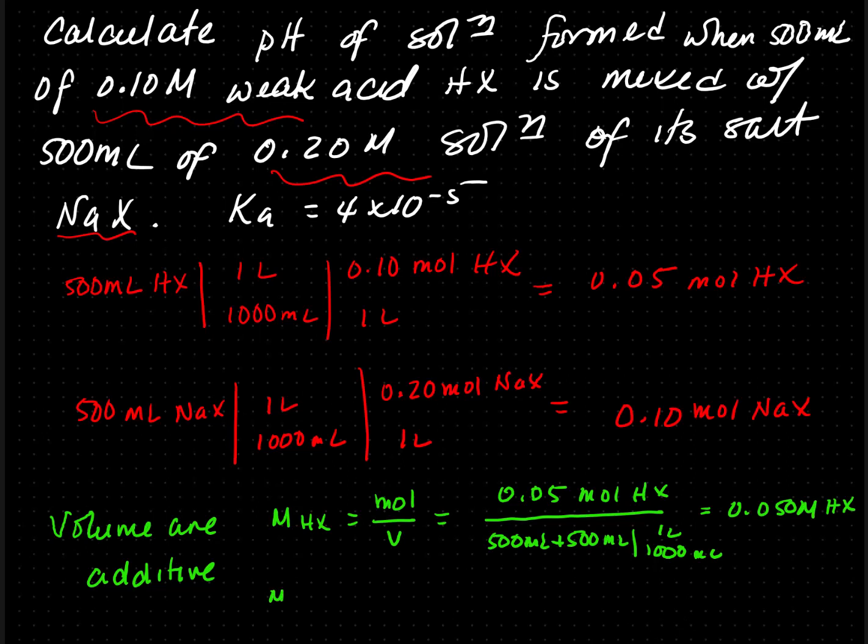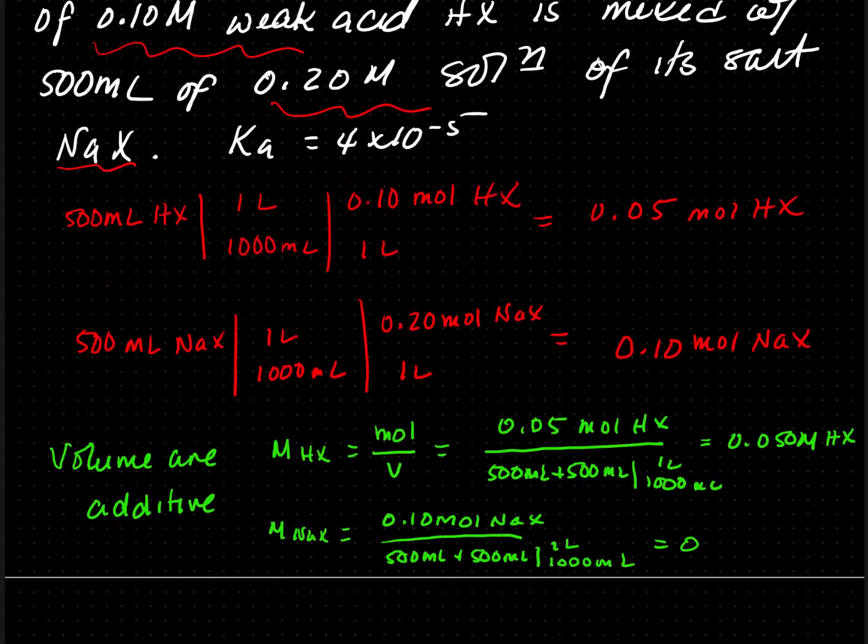So the molarity of NaX is the same thing. It's going to be 0.10 moles of NaX over the total, which is 500 milliliters plus 500 milliliters over 1000 mL per liter. This equals 0.10 molar NaX.